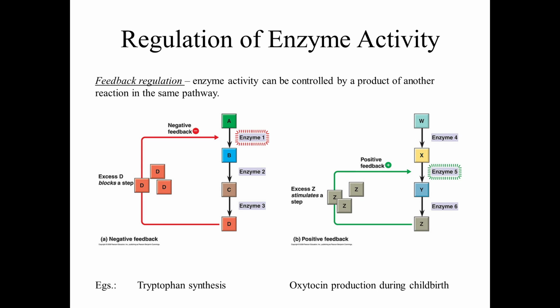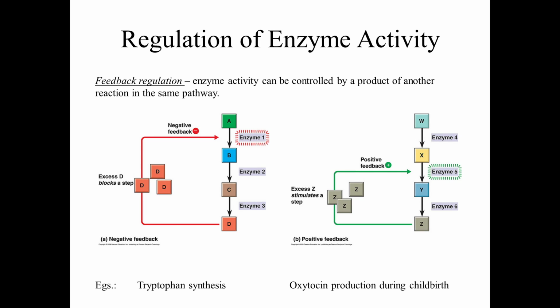And what will happen? Well, D will turn off or turn down enzyme 1, which will convert less A to B, making less B available for enzyme 2 to make C, making less C available for enzyme 3 to make more D. So the concentration of D will level off.